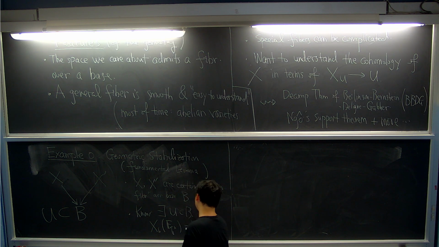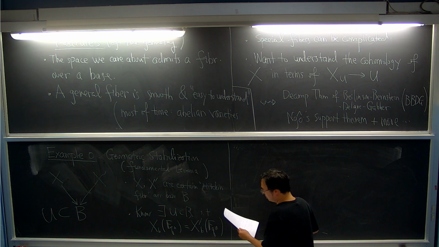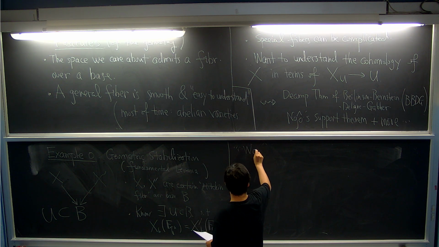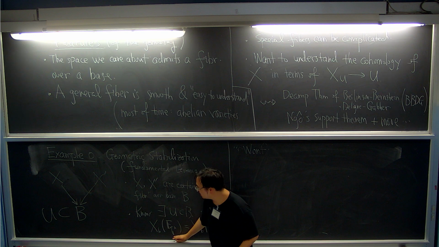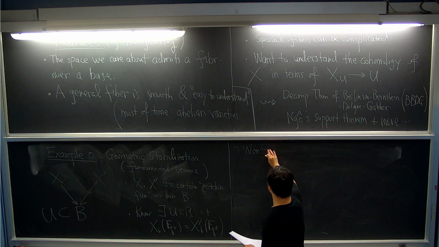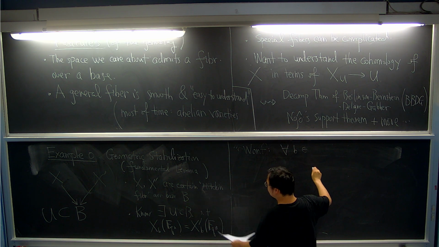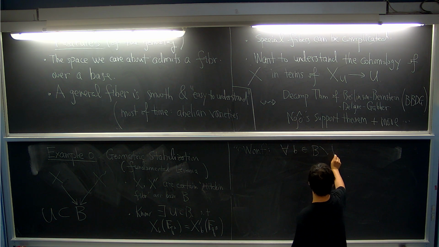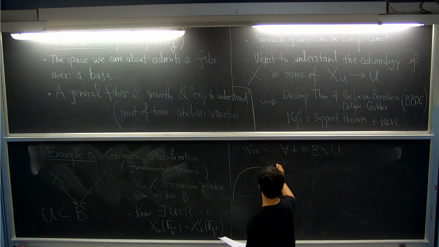So if you do point counting over X_b and X'_b, it's the same number. This is what you know. You can imagine this is the matching of the counting over the good fibers. And what you want is for any b which lies in the boundary, concerning these complicated fibers, you want the same to hold.